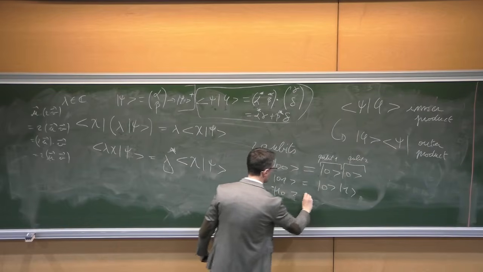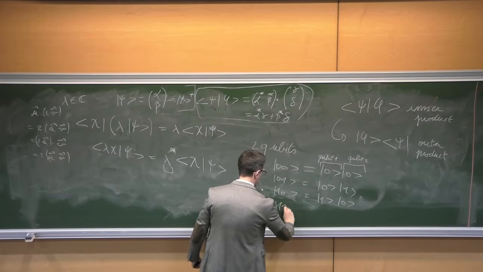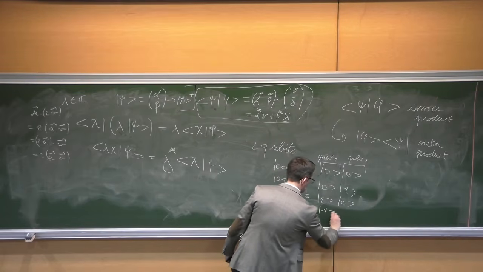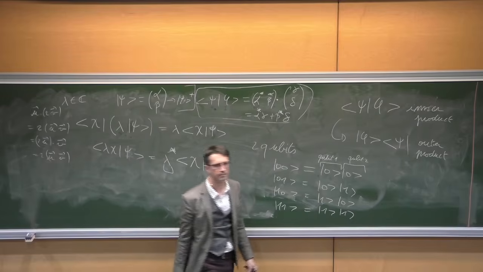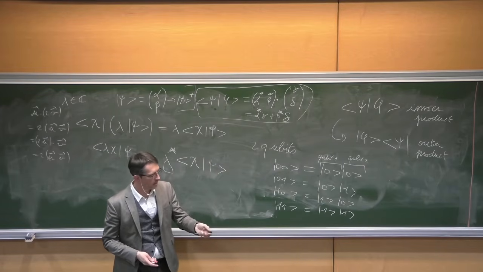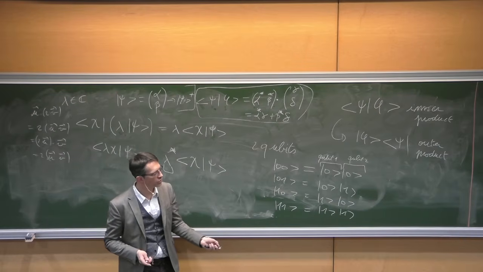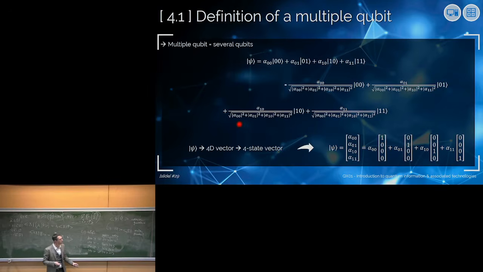That's 1, 0, and that's 1, 1. Of course, this is the complete expression where we need again to have a normalized state, but let's keep it that way.